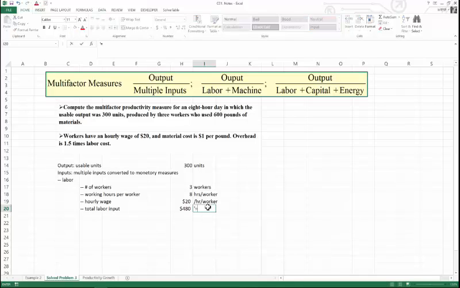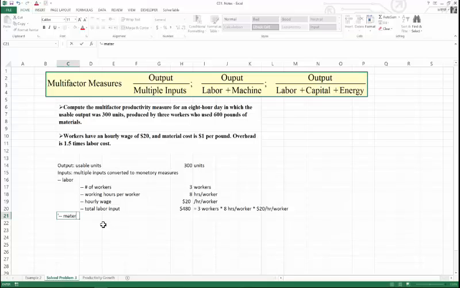The calculation logic is 3 workers times 8 hours per worker times $20 per hour per worker. So this is the labor. Labor is only one of the inputs indicated in the question. The other input is material.